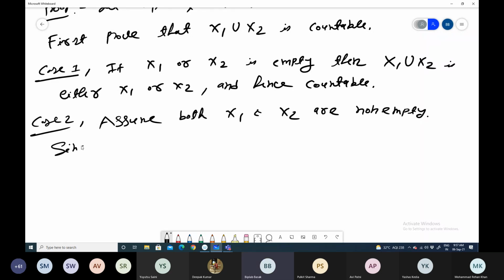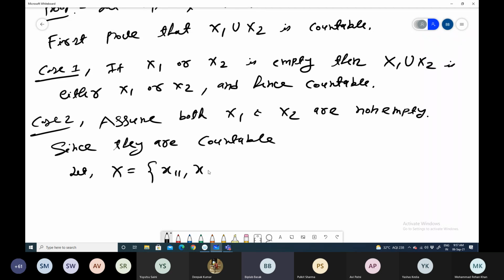Right? Now since they are countable, we can make an infinite list. So let x1 equal to x11, x12, x13 in this way, and say x2 equal to x21, x22, x23.